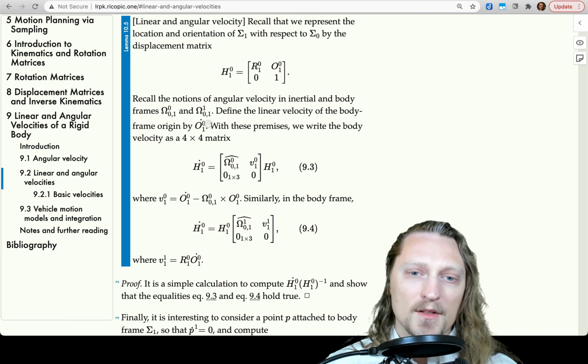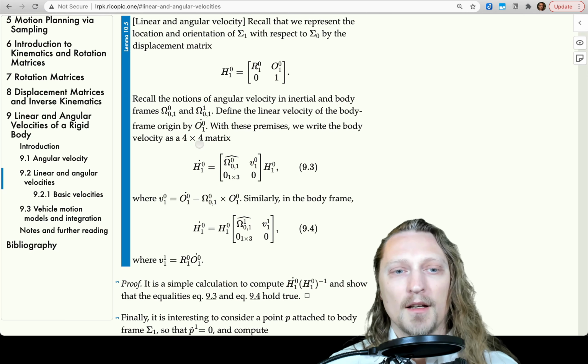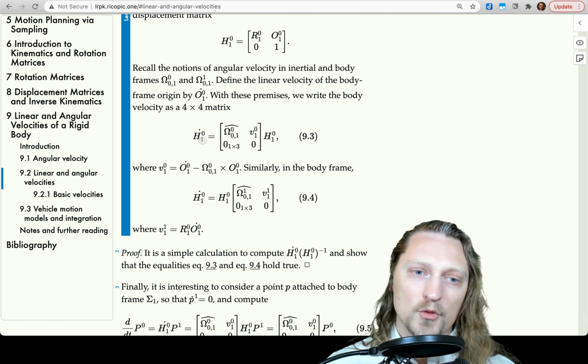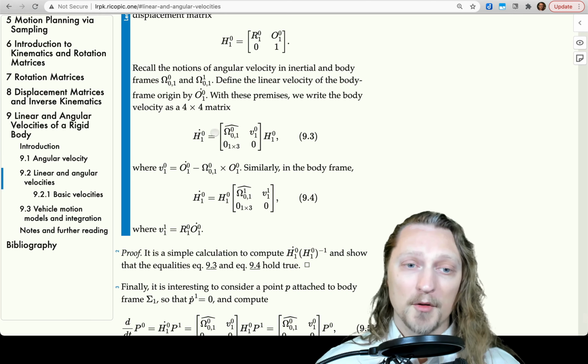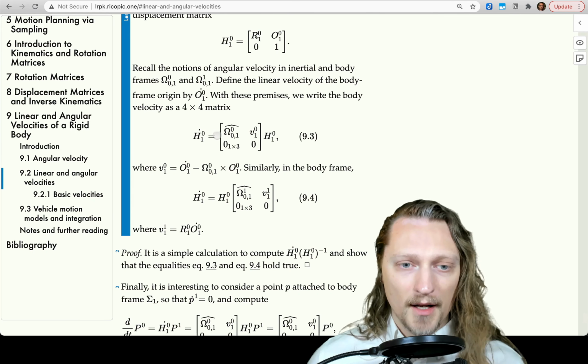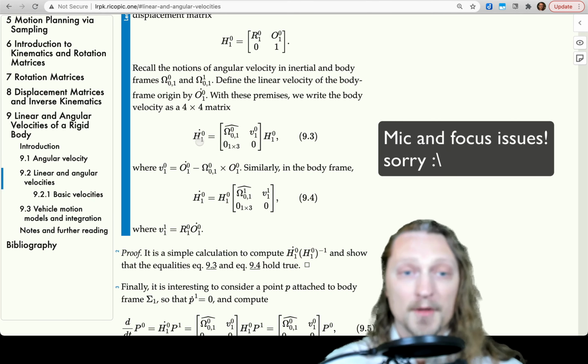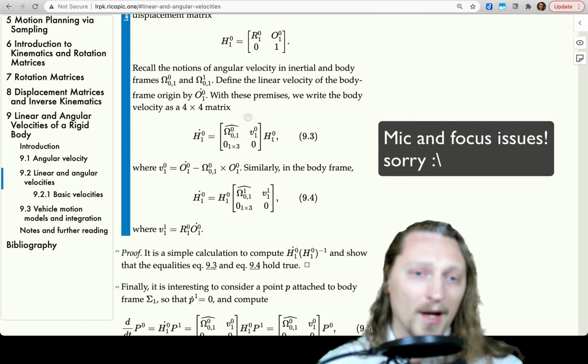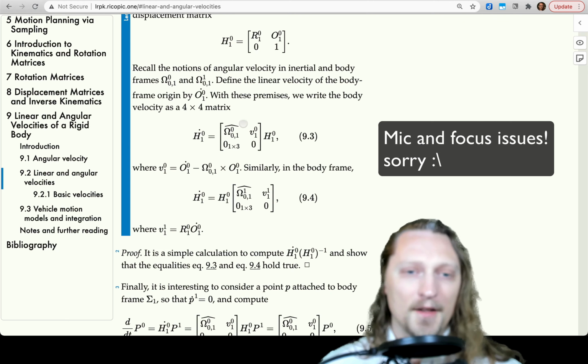With these premises, we write the body velocity as a 4x4 matrix in homogeneous form, H10 dot, the time derivative of the H10 transformation. The time derivative of H10 is H10 multiplied on the left-hand side by this matrix.